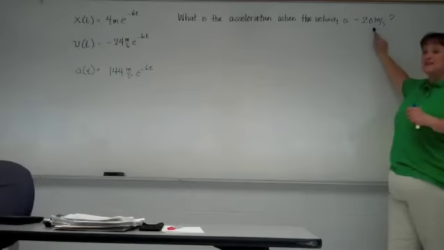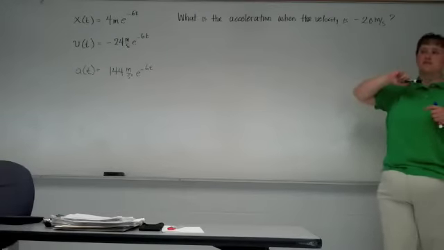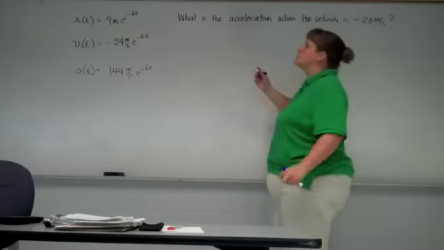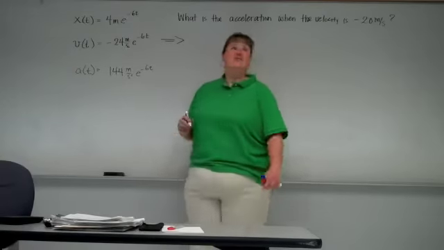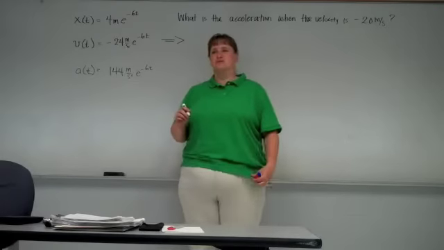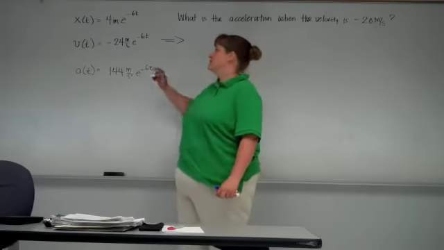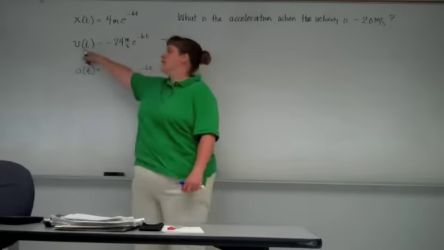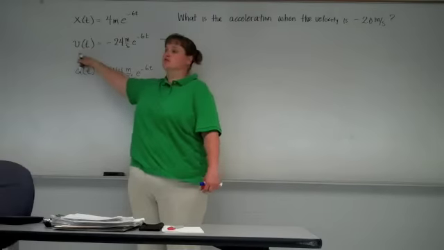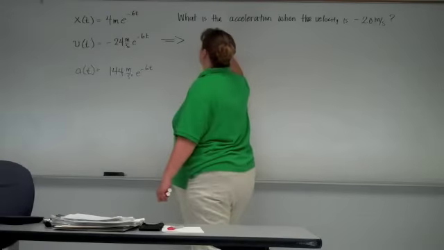There's going to be a point in time when the velocity is negative 2. So what we need to do is take our velocity equation. Where am I going to put the negative 2? Right there? We're going to put it in for the velocity value. Exactly right. So negative 2 goes in for the velocity value.